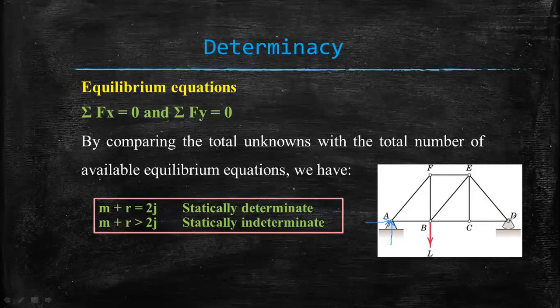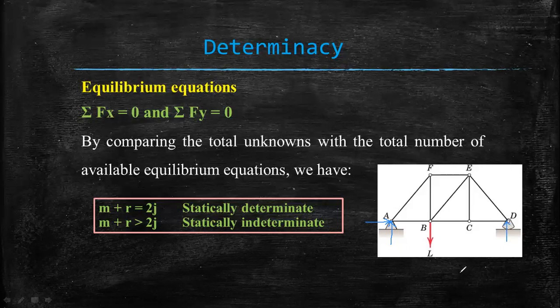At point D, this is another support. As we have provided a roller or rocker support, a roller or rocker support generally allows deformation in the horizontal direction. As it is allowing deformation in the horizontal direction, there will be no reaction in the horizontal direction. It is only restricting the structure from deforming in the vertical direction, so there will be only a vertical reaction at this particular point.